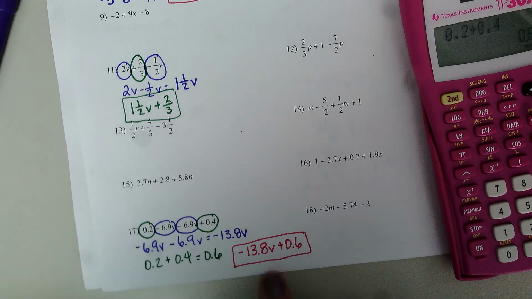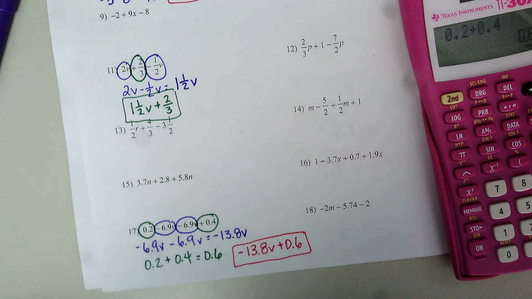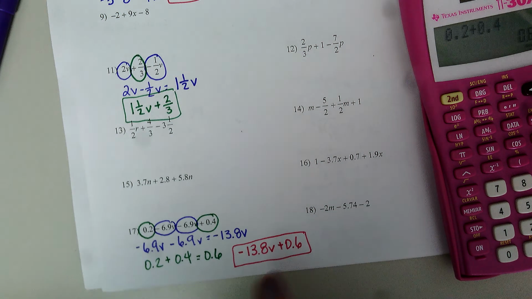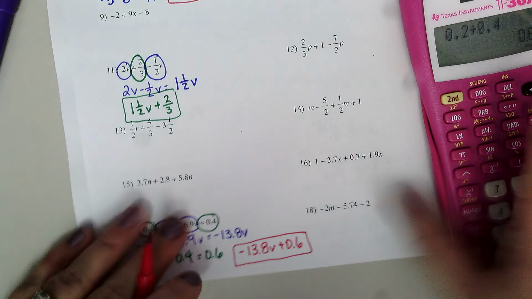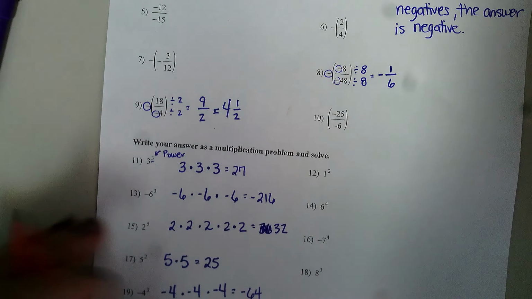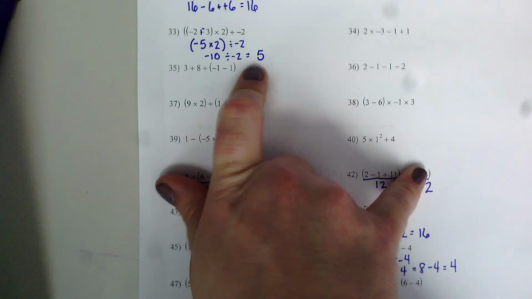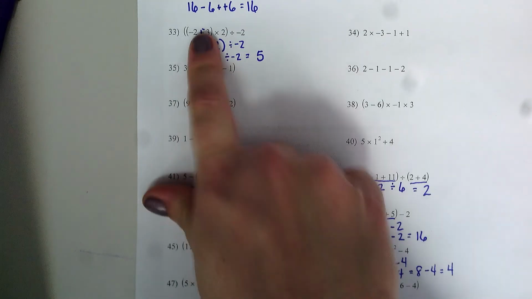Remember, you cannot solve these. You are only simplifying these because they have different variables. And unless you know what the variable represents, you can't go any further. It's not like a numerical expression that you can solve it down to one thing. The numerical expressions, you can get them to be one answer because these are all considered like terms.